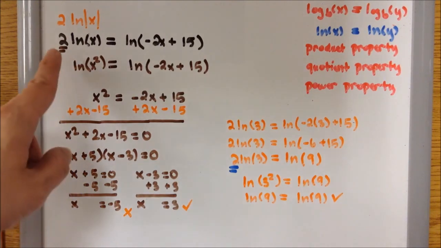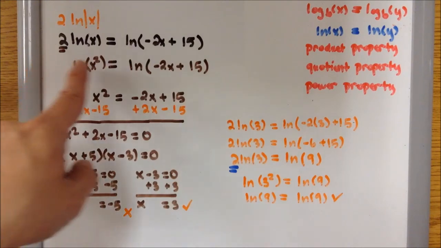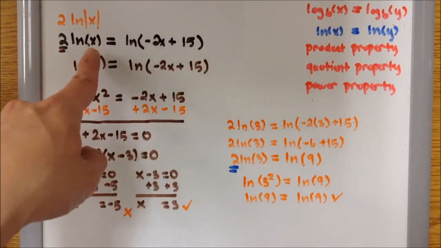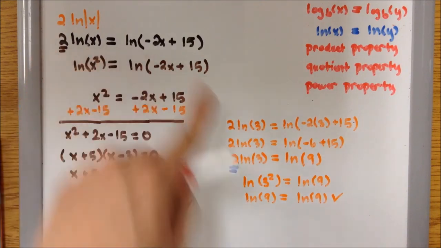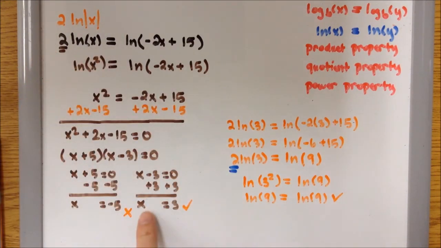But in our original problem, our original example, we have parentheses. Had it been absolute value, x equals negative 5 might have worked and probably be part of the final solution. But in the original with the parentheses, the only one that worked was x equals 3. So our final solution is x equals 3.